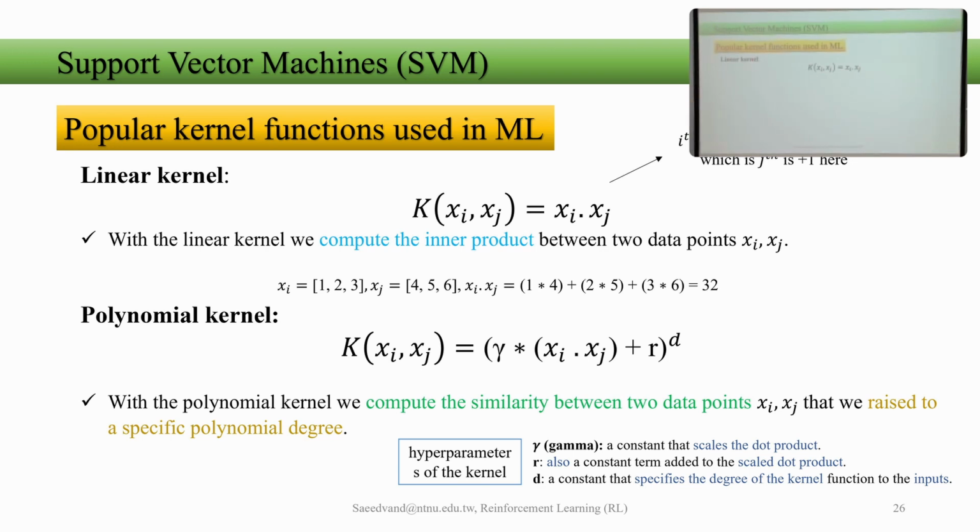So in the linear kernel, we can write the kernel of xi, xj as equal to the inner product of xi, xj. What are xi, xj? i is like the current dimension, j is the other dimension that we increase by +1. So I've written here that with the linear kernel, we want to compute the inner products between two data points. If you have problems with math, of course, I've also stated an example here when we talk about inner product.